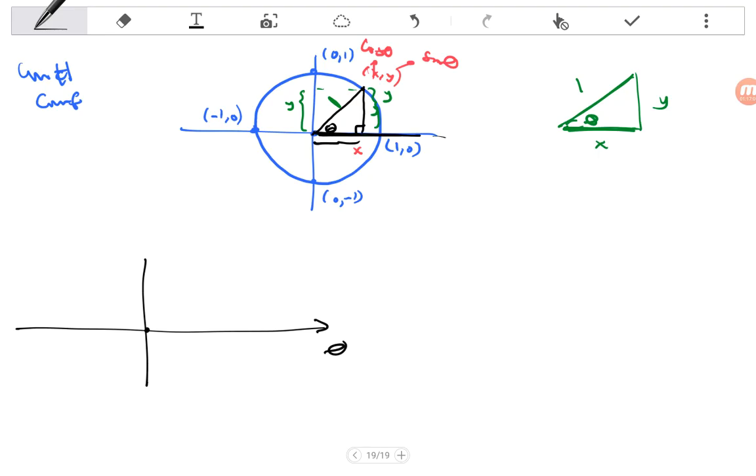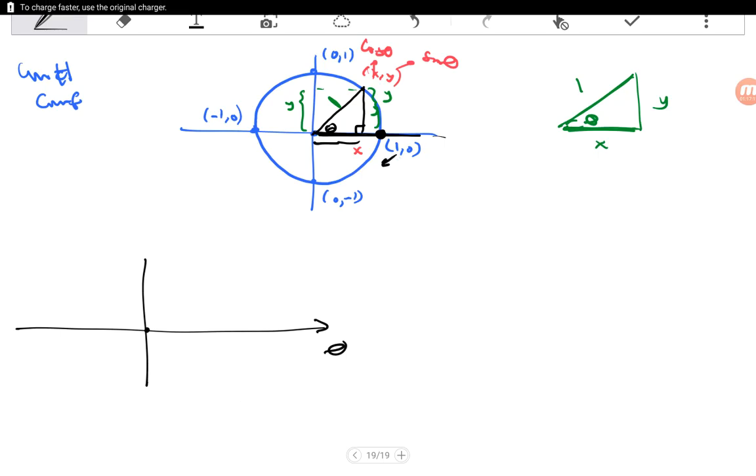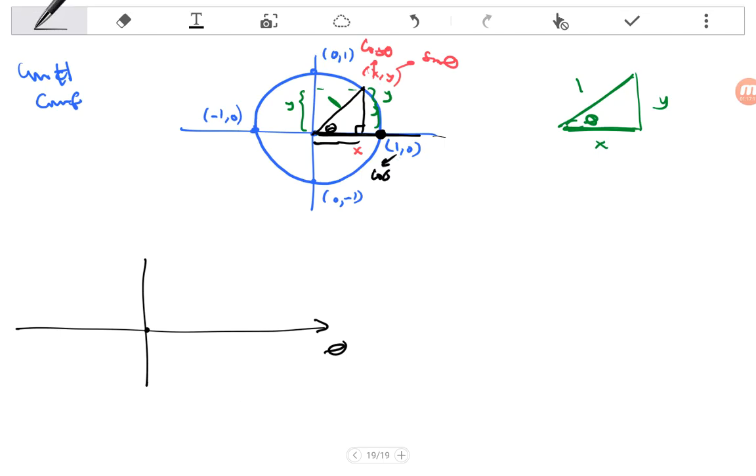That is the point which represents the angle equal to 0. The coordinates of this point are 1 and 0. 1 is cosine theta and 0 is sine theta. So I can say that cosine 0 is equal to 1.